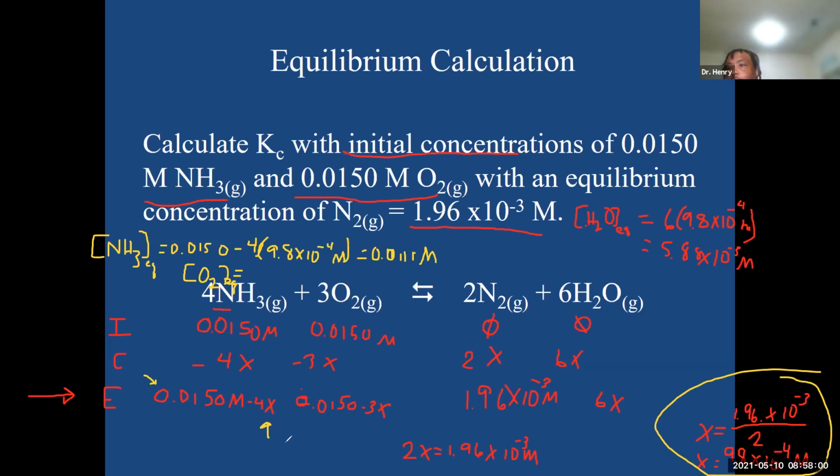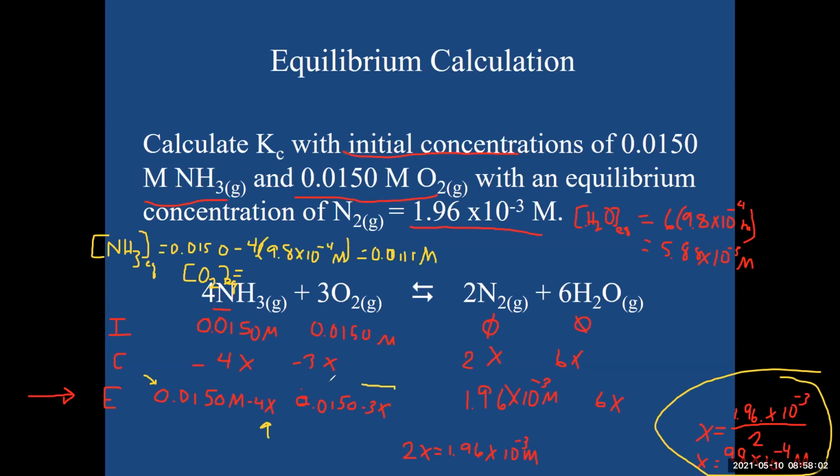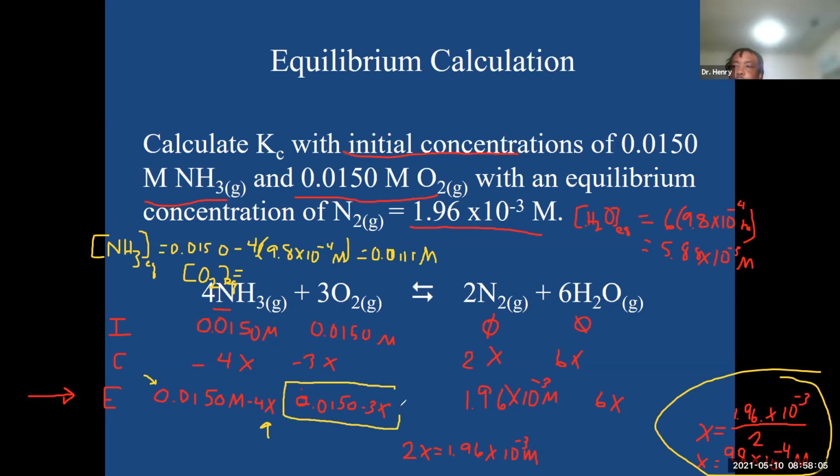Sure. Yeah, please. So we know at equilibrium, this is going to be what the concentration of oxygen is. We calculate how much X is going to be removed from each of the chemicals, because we knew that the concentration of nitrogen at equilibrium was this.